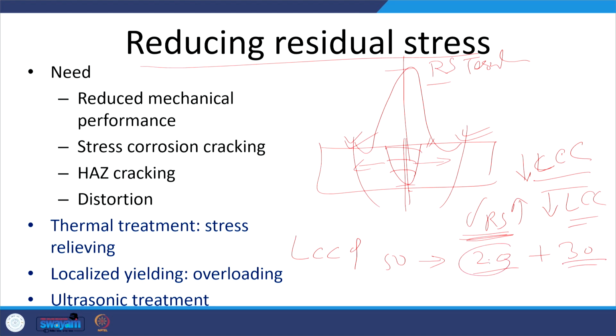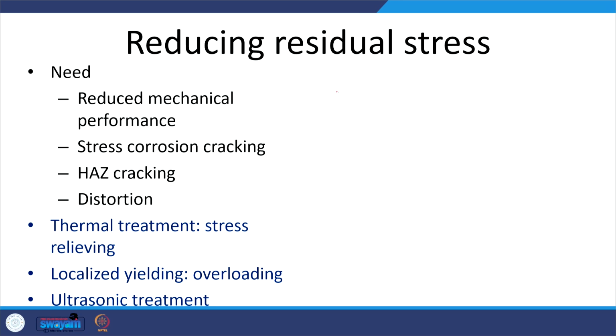If the residual stress is minimized to 10, then the external load that can be applied can go up to 40 units. If the residual stress is 0, then we can go up to 50 units. Otherwise, things will deform and the joint will fail. So, it is important that the residual stresses, especially the tensile residual stresses, are minimized.